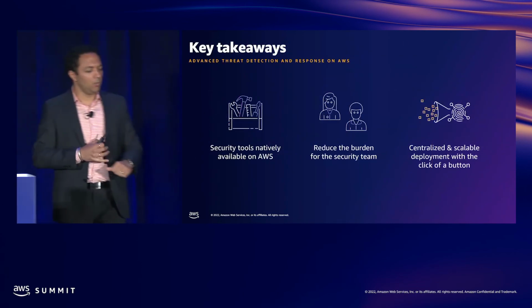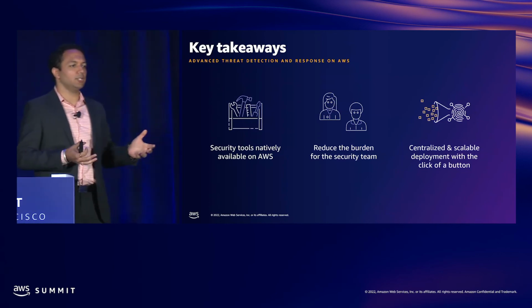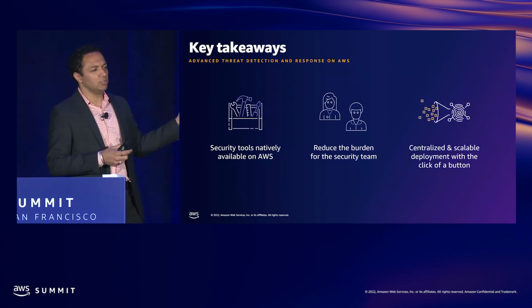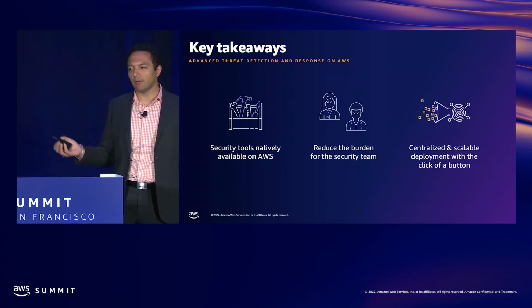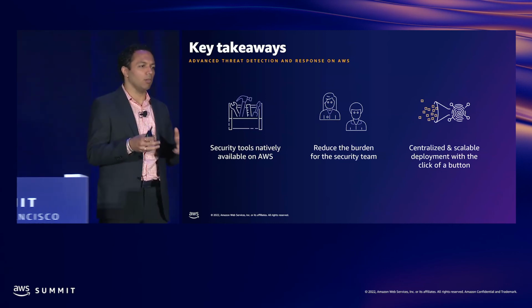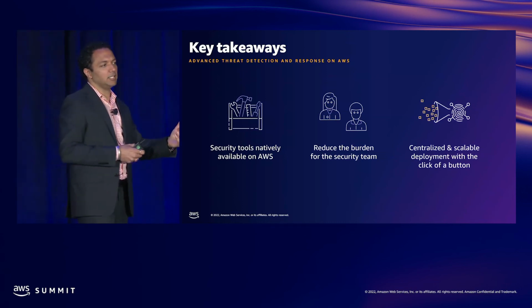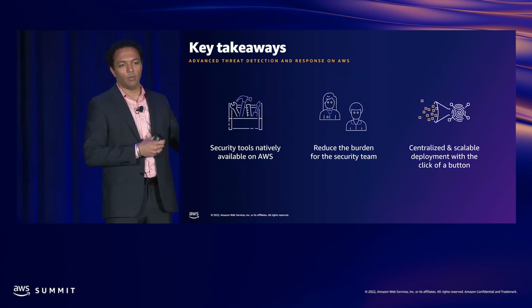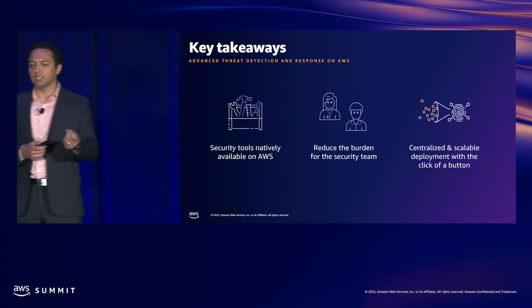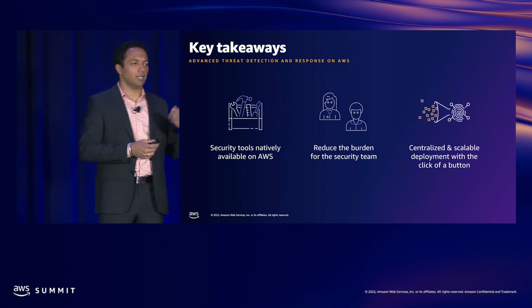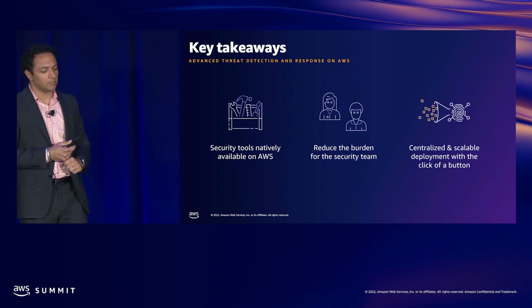So some of the key takeaways: the native security services provide the automation so that customers don't have to aggregate and collect raw logs and telemetry, but provide the right insights in the form of findings where you can go and take actions, and the details in the findings allow you to orchestrate the downstream automation.